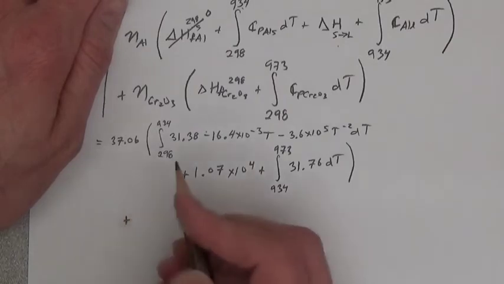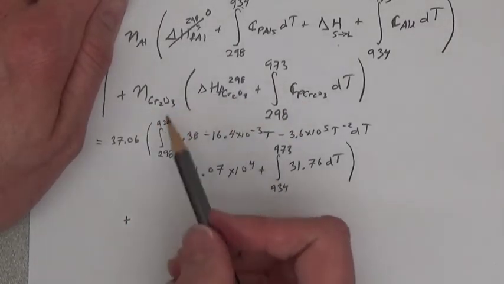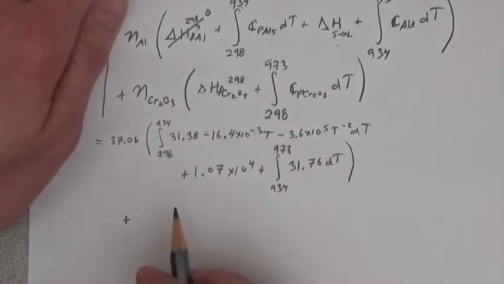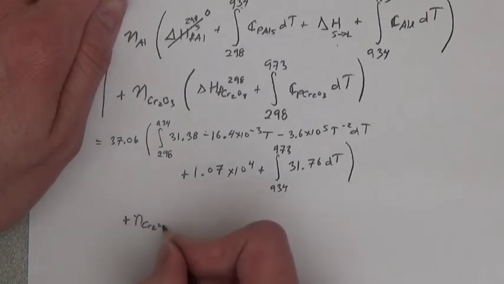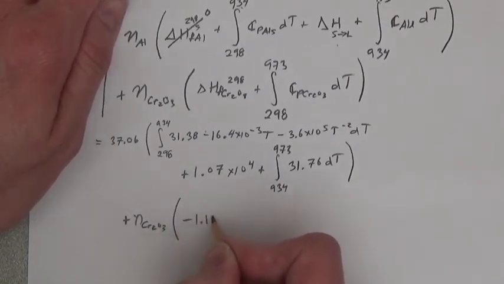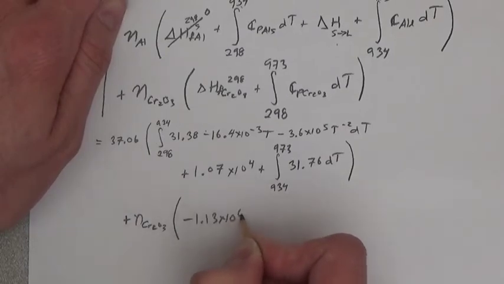Plus the chromia contribution, that's N_Cr2O3 times the quantity minus 1.13 times 10 to the 6th.